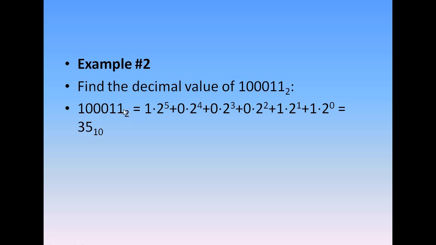Similarly, what we have done earlier, we have number 1 into 2 raised to power 0, again number 1 into 2 raised to power 1, then next number is 0 into 2 raised to power 2, next number is 0 into 2 raised to power 3, again next number is 0 into 2 raised to power 4, last number is 1 into 2 raised to power 5. When we solve all this, we get 35 to the base 10, because this gives us 32 plus 2 plus 1, which is 35.